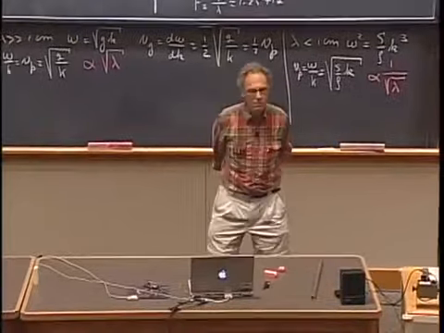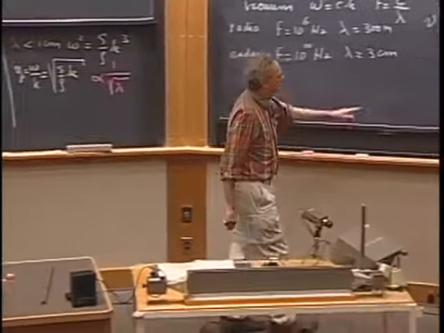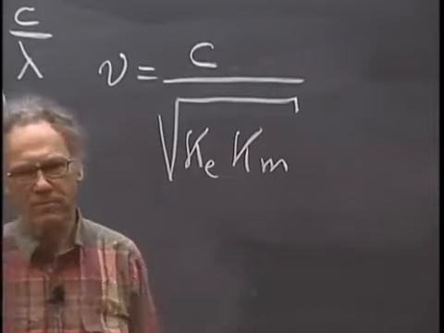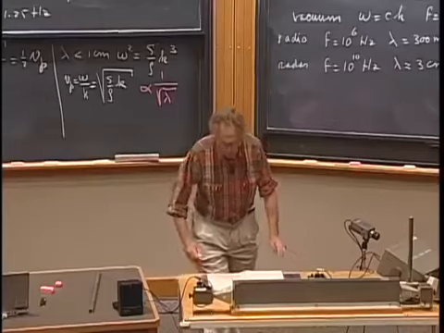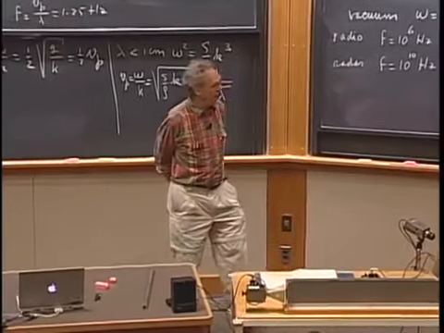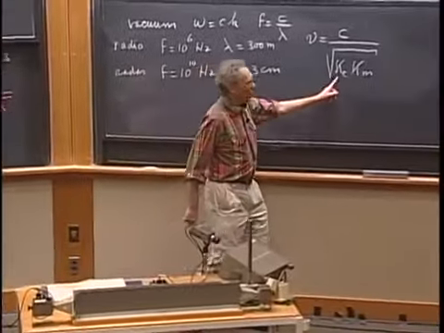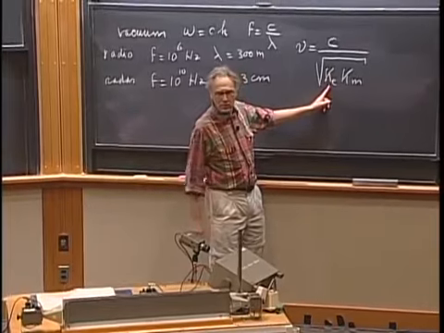In vacuum, this is 1, and this is 1. But that's not the case for water, and that's not the case for glass. And in fact, kappa E is strongly frequency dependent.